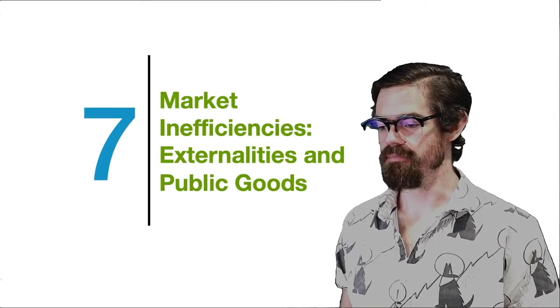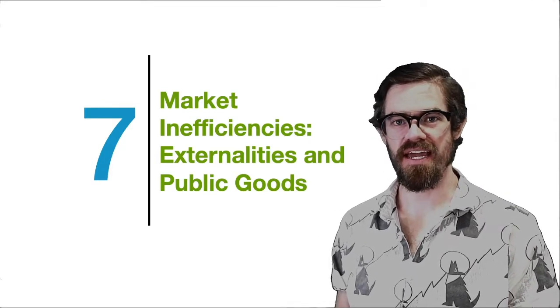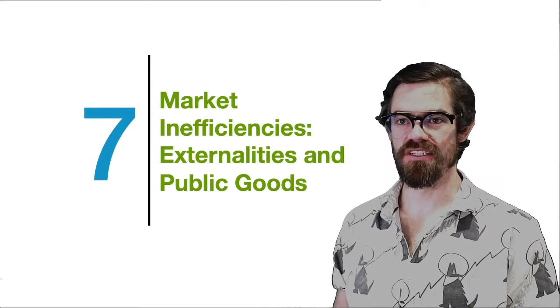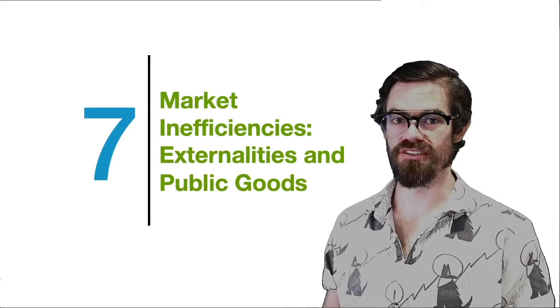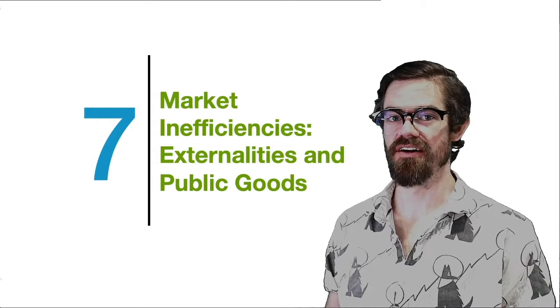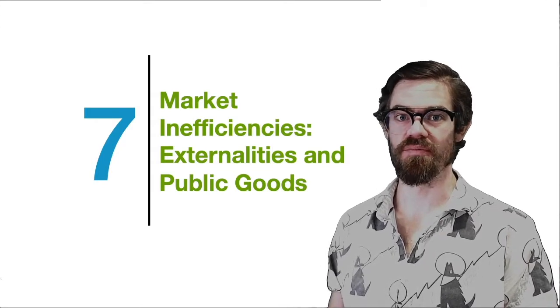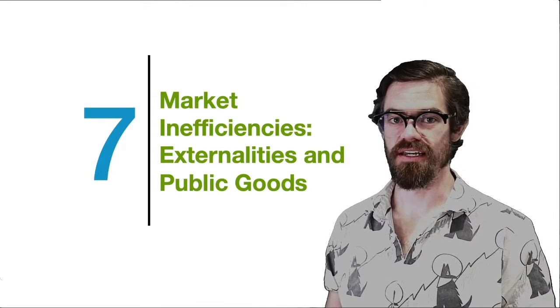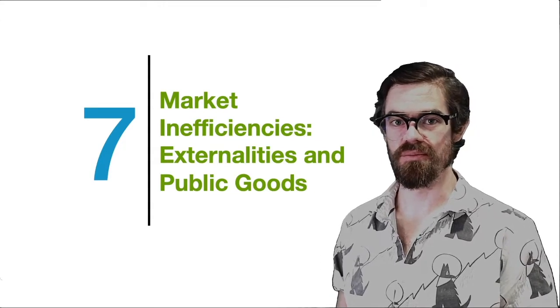Okay, but of course that doesn't always happen. In fact, we've seen that when markets aren't perfectly competitive, there are efficiency losses, like with monopoly, oligopoly and monopolistic competition. There's some deadweight loss.